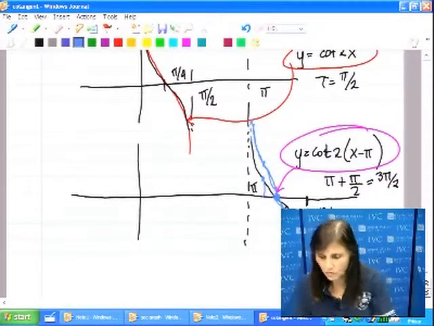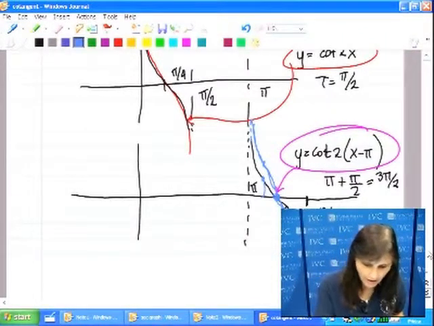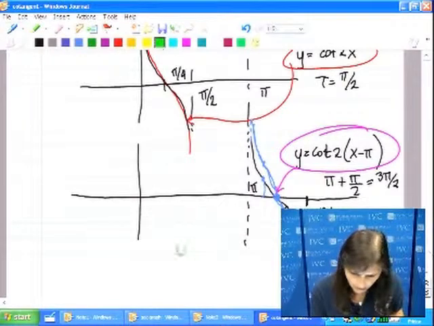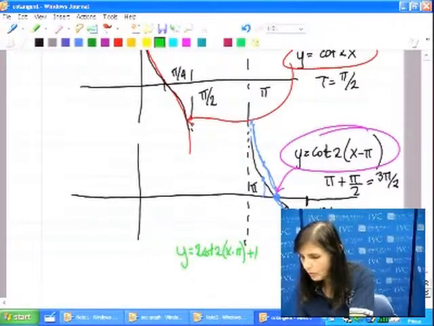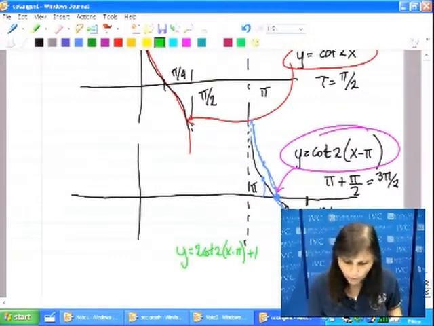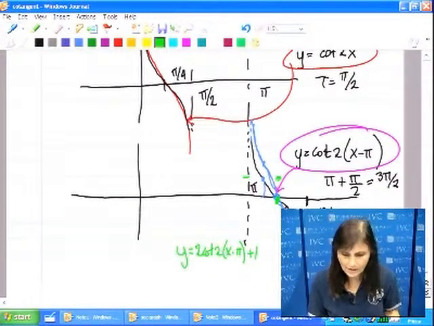What else did I do to it? Plus 1. So let's draw everything in there. I'll do that with the green. Y equals 2 cotangent of (2x minus pi) plus 1. What it will do is move this 0 to 1. Does that make sense?